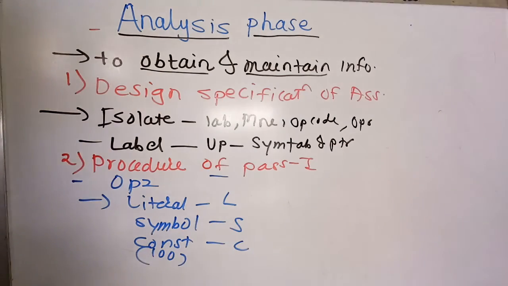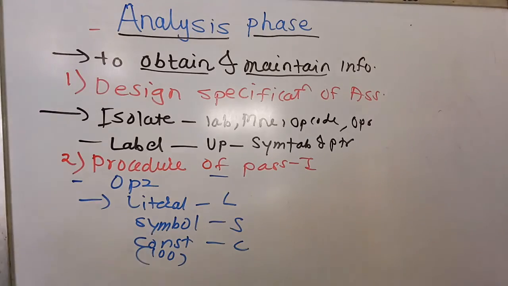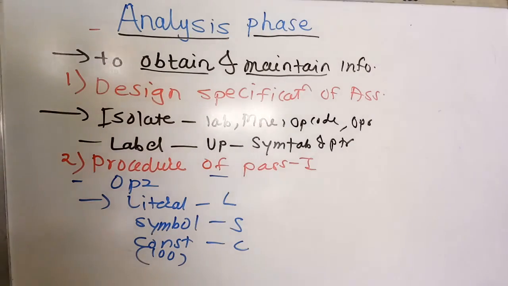Now, what is the next procedure for us? The pointer or address of operand 2 can be found from the symbol table or the literal table.